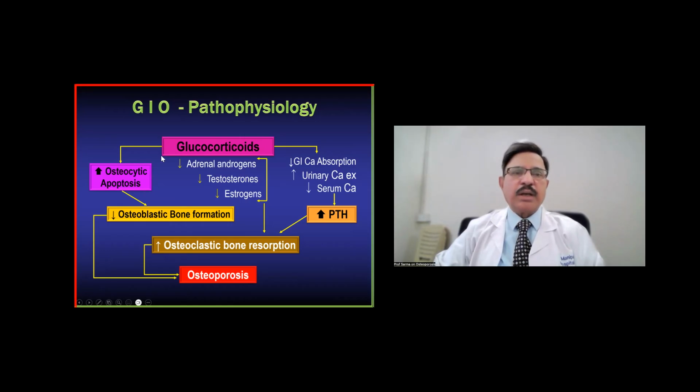Osteocytes are apoptosed because of glucocorticoids. Osteocytes are essential for osteoblastic activity, so osteoblastic activity is reduced. That results in osteoporosis. And glucocorticoids suppress the adrenal androgens. They suppress the testosterone. They suppress the estrogens also. As a result, osteoclastic bone resorption and osteoporosis. Steroids act by multiple mechanisms.